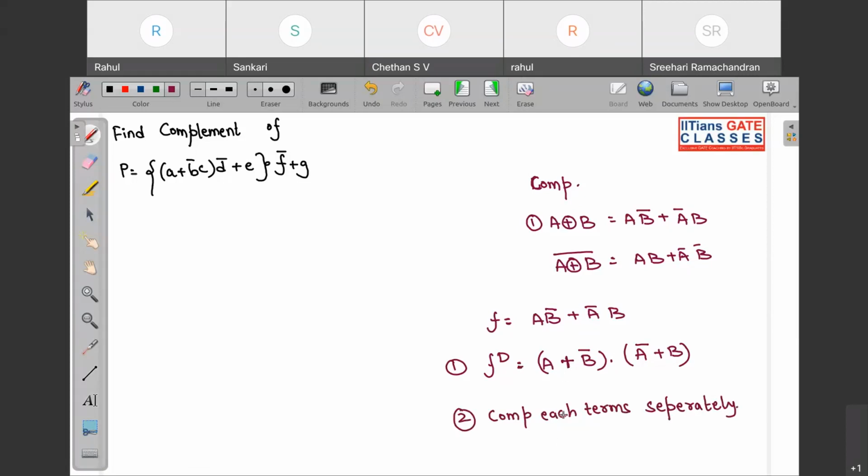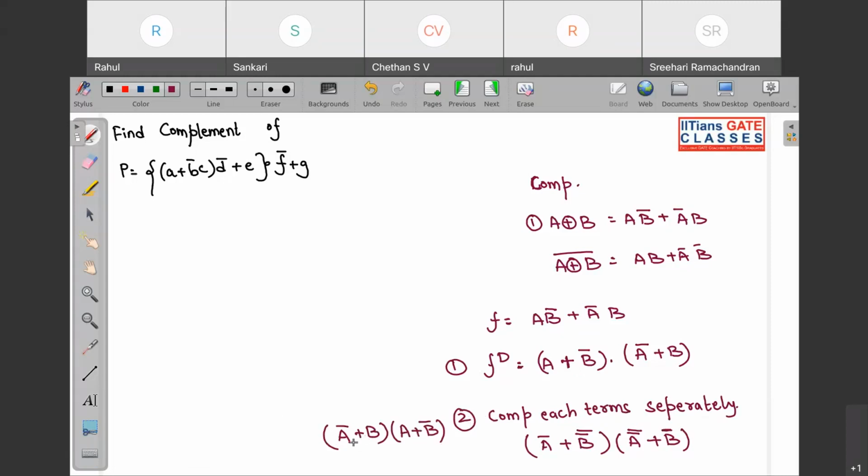Okay, so if I complement, and if you solve this, this will be A complement plus B, and this will be A plus B complement.